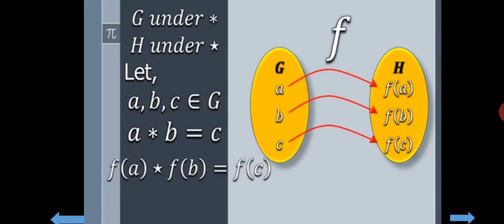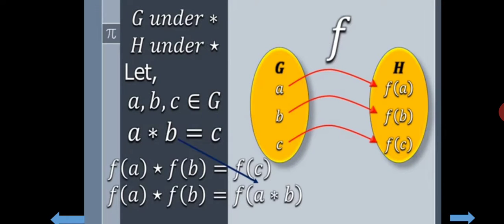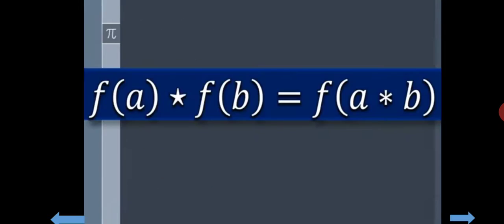Now if a asterisk b is equal to c and f of a star f of b is equal to f of c, then by substituting the c in here, we have f of a star f of b is equal to f of a asterisk b, which is exactly the definition of homomorphisms, which preserve the group operation.